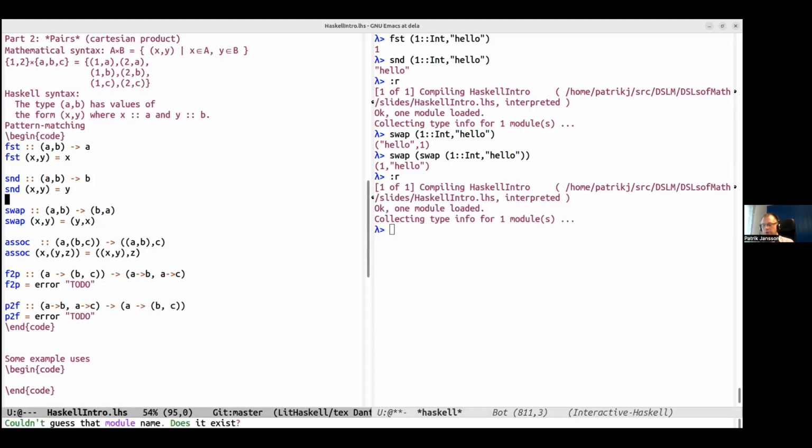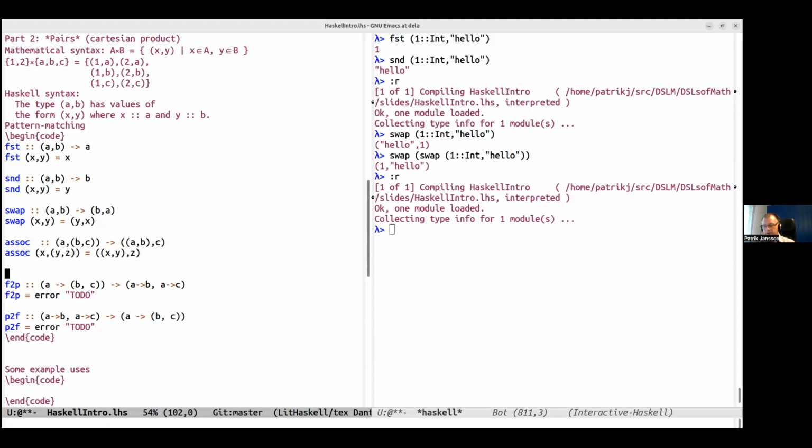Okay, these were warm-ups, and now we get to the more complicated version. So again, a higher order function. We have to first try to read off the type here. So f2p, it's not a very good name perhaps. It's just something that takes a function and returns a pair.